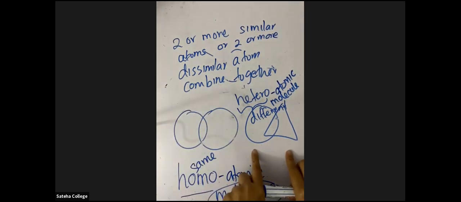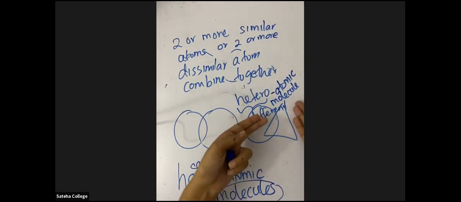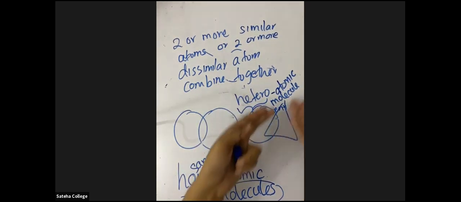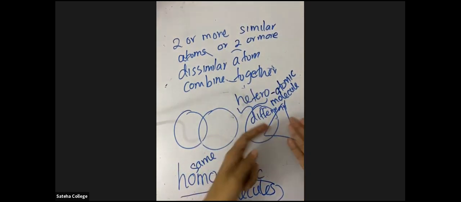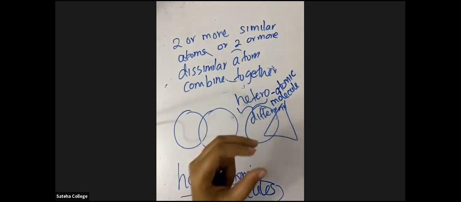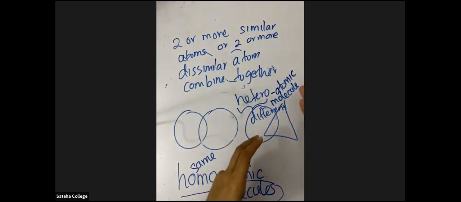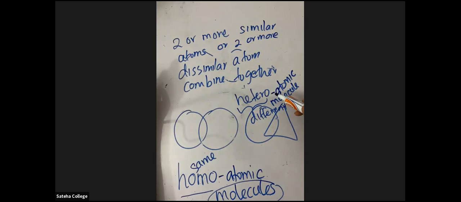A molecule which is made by two or more different atoms. Hetero means different, atom means atoms. So a molecule made by two or more different atoms, that you call a heteroatomic molecule. Did you understand?